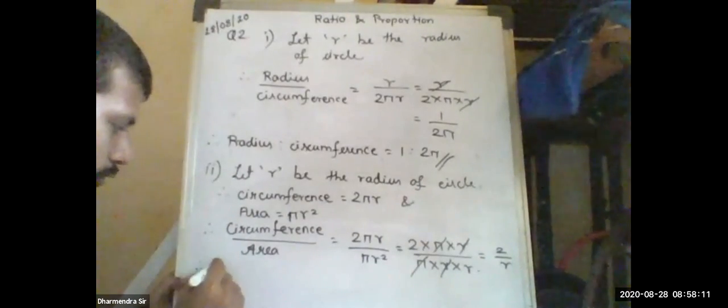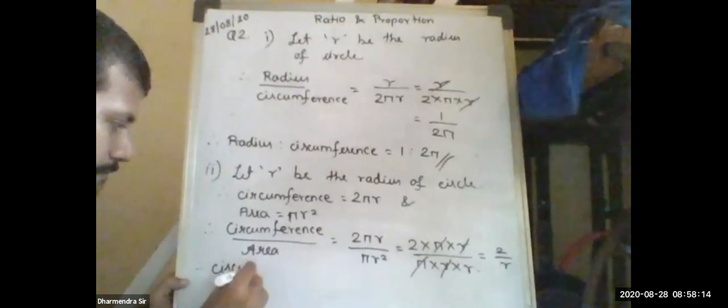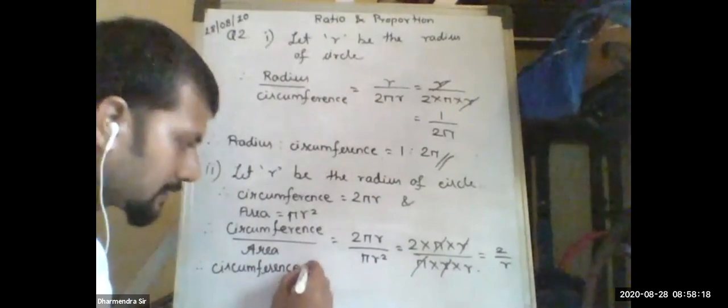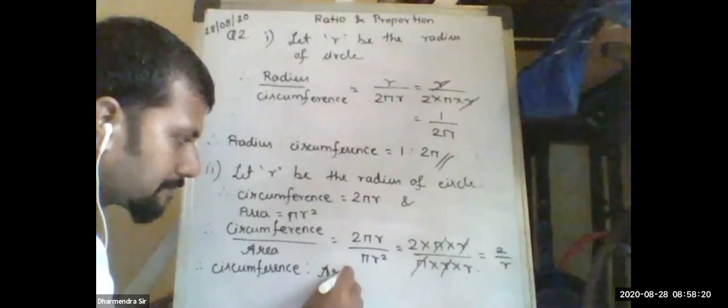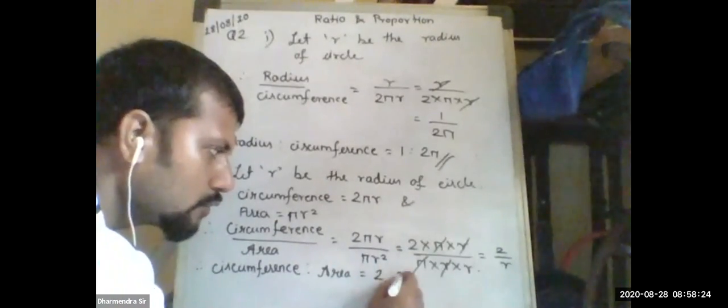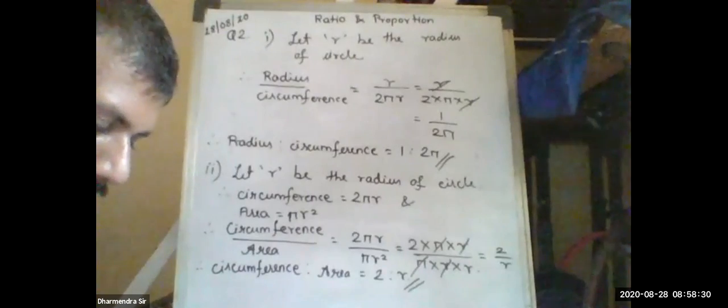Therefore, I hope this is visible. Therefore circumference is to area is equal to 2 is to r. So this is the solution for the second one. Now let's do the third one of question number 2.